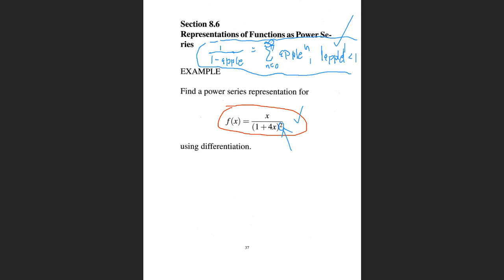But we'll get there. Effectively we're not going to manipulate the function, but we're going to reach the function in a certain way. So let's go to the solution here.